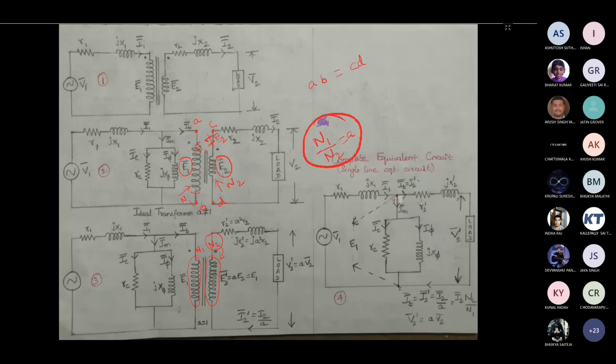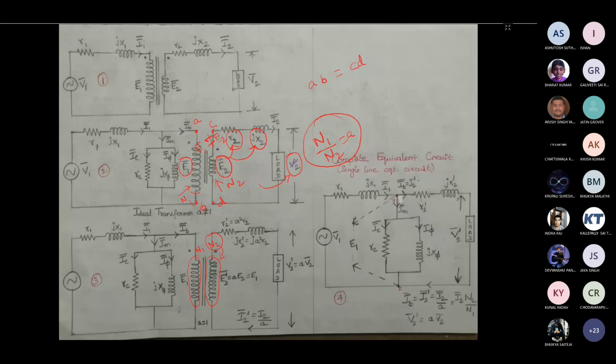We know this factor, right? So N2 I made equal to N1. Then whatever the parameters are, I represent with respect to the turns ratio. Here it is R2, here it is jX2, here it is V2.